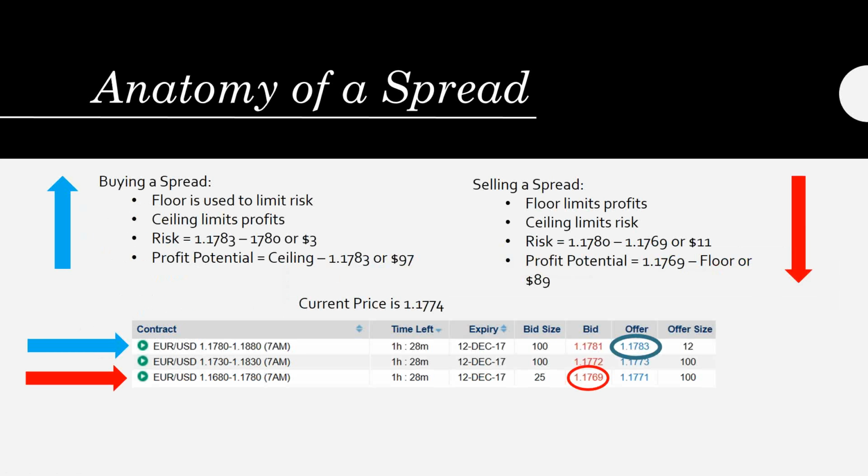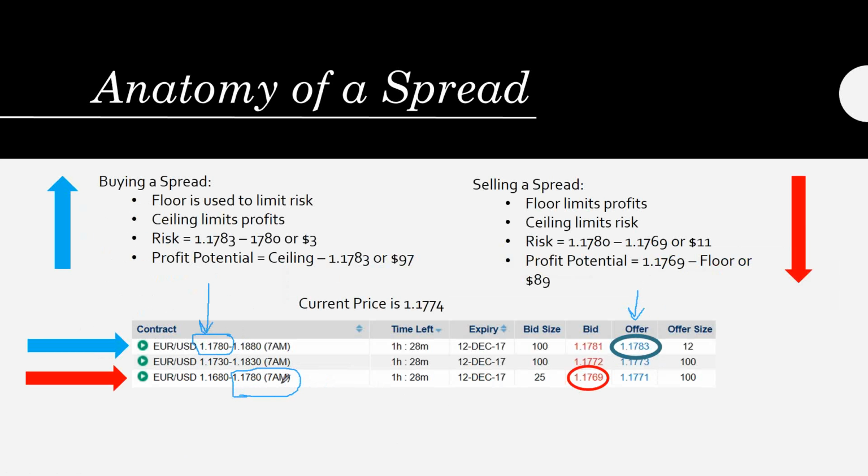Now, if you believe that the market is going to go up, and this is where everybody gets confused, but let's say that you expect the euro dollar to go up, okay? The current price on the offer is $17.83. Would you want to buy the ceiling, or would you want to buy the floor that is closest to price? You want it to go up, you would want to buy the floor, okay?